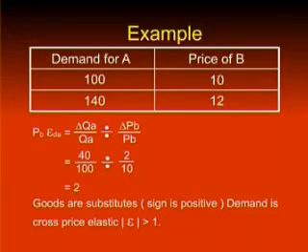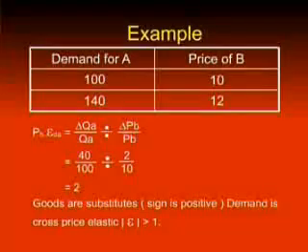The second thing that it is telling you is that the cross price elasticity of demand falls in the elastic region. That is, it is greater than 1 and would categorize as elastic demand. And this is a measure of the closeness of substitutes. So in this case, we can conclude that the two goods are quite good substitutes for each other.